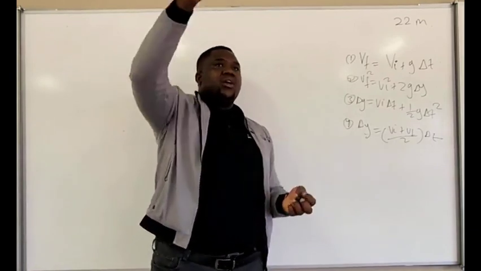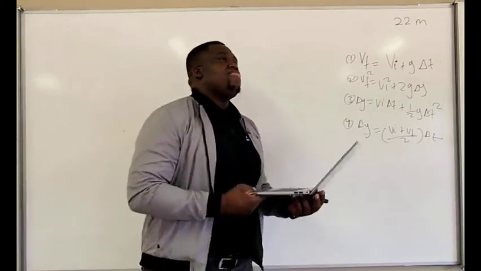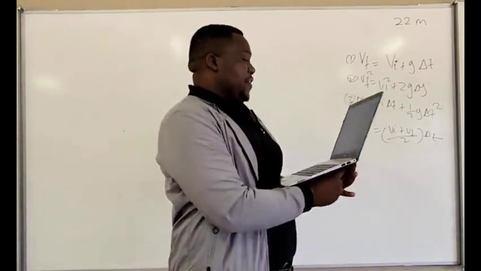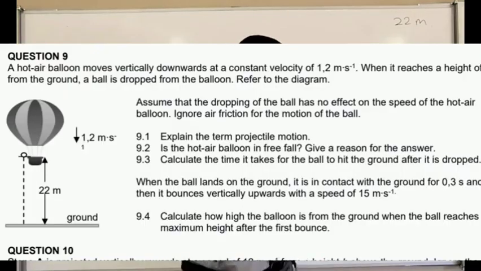So we are told that the ball was in contact with the ground for 0.3 seconds, then it bounced. When it bounced and went up, it moved at 15 meters per second. So the question says, calculate how high the ball is from the ground when the ball reaches its maximum height.